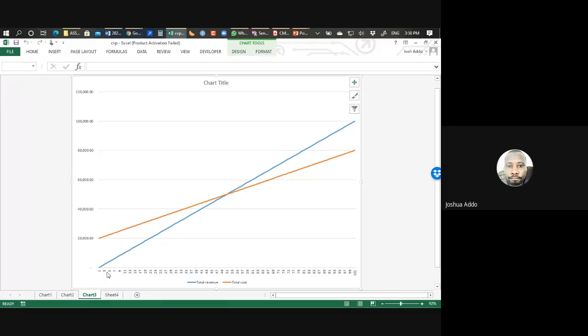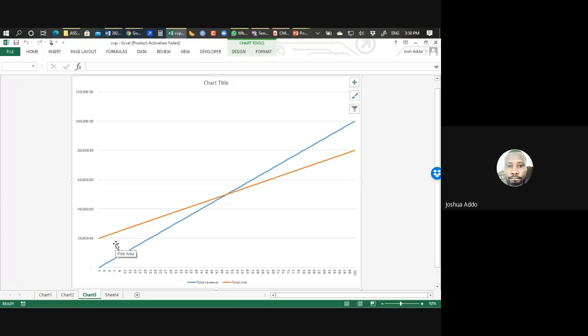But the picture I want you to understand is that at certain levels, at the lower levels of sales volume, you see that the total revenue curve, the blue curve, is below the orange curve, the total cost curve. In other words, the total cost curve is above the total revenue curve.